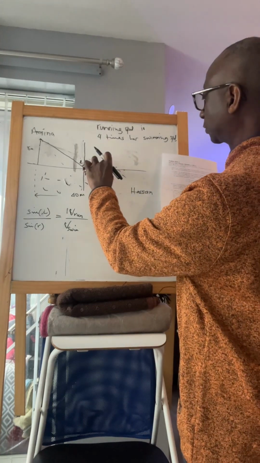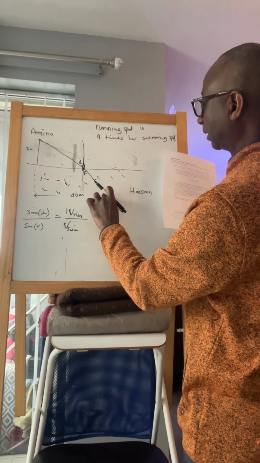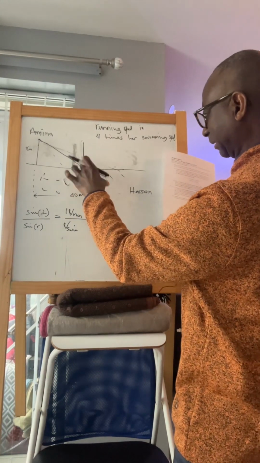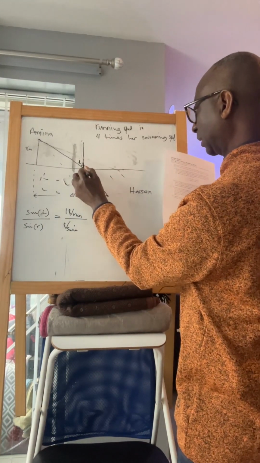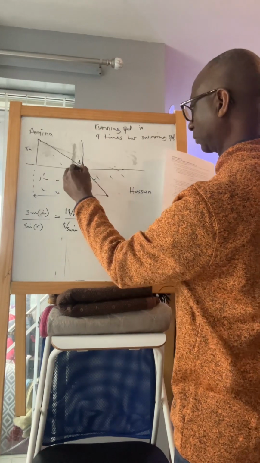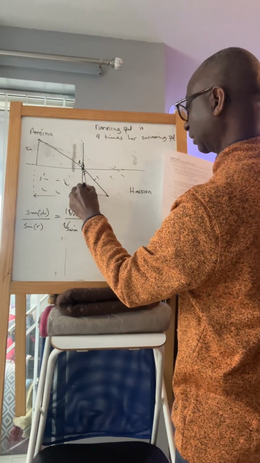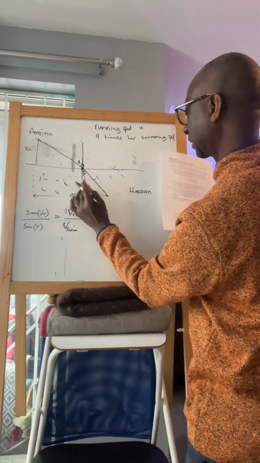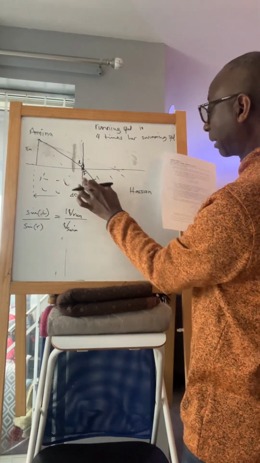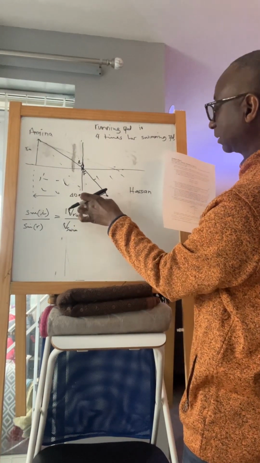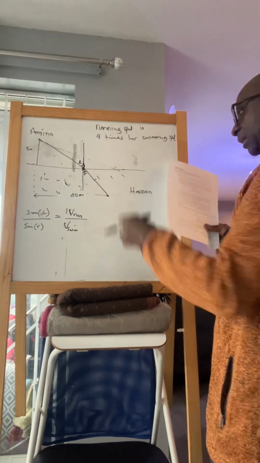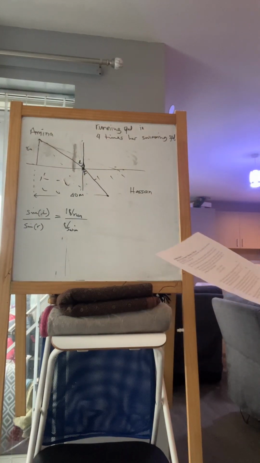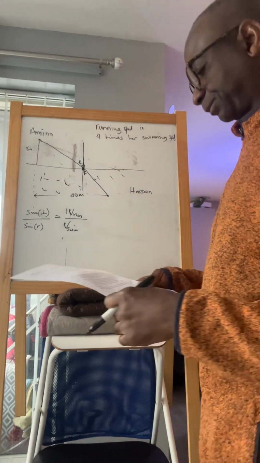How far from the shoreline is the swimmer? So this bending, the way this line bends, if Hassan was here, you see, it will keep on bending towards that side. So the amount it bends will help us to determine how far Hassan is from the shoreline. That's what the question is asking us to find.